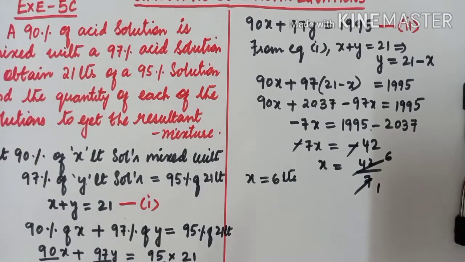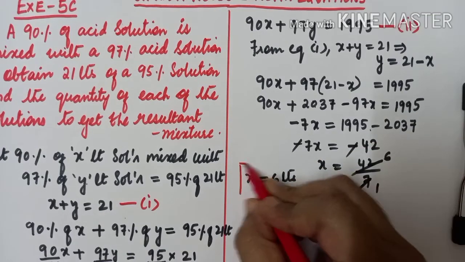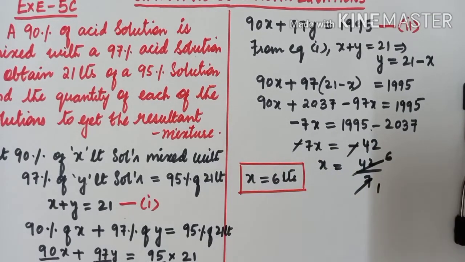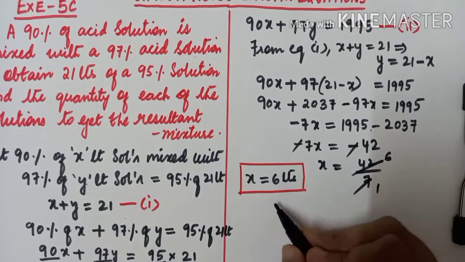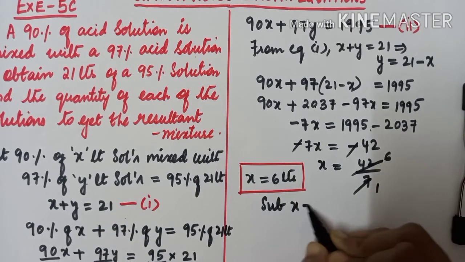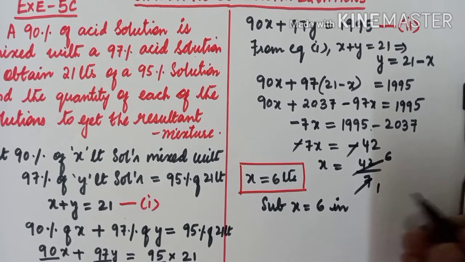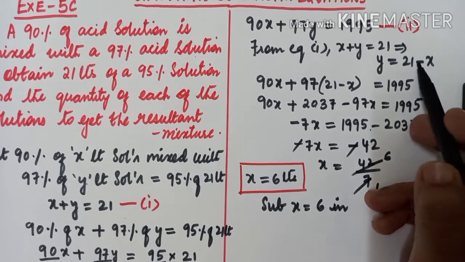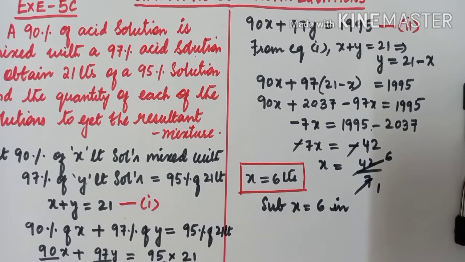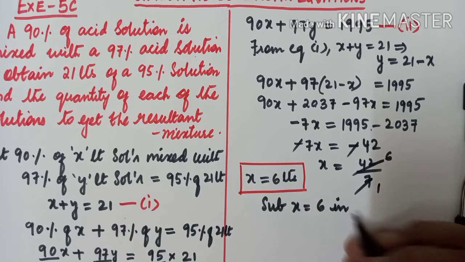Okay, so now let us find the value of y. How are you finding the value of y? Substitute x equals to 6 in equation 1, or anywhere you can substitute. So x equals to 6 liters.